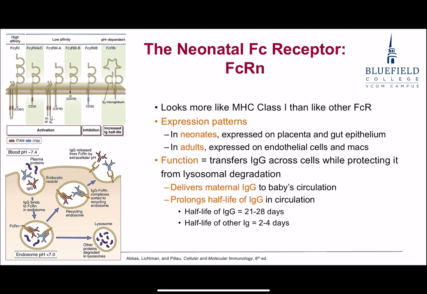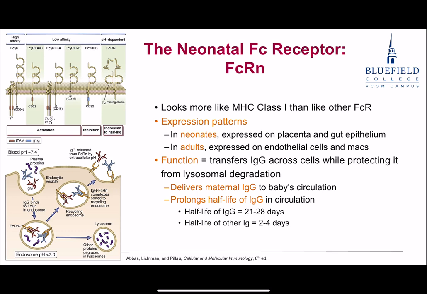All right. The FcRn receptor is also expressed throughout life in adults. It's just expressed at different places and on different levels, in not just adults, but in children. Once you start aging as a neonate, about 2 years of age, you've lost most of your FcRn expression in your GI tract.